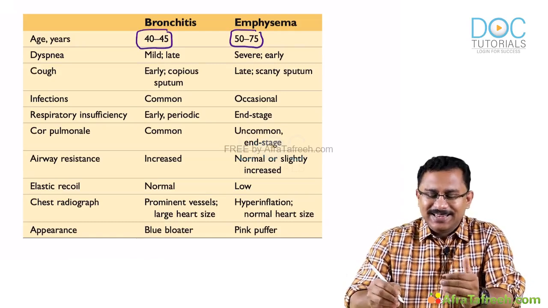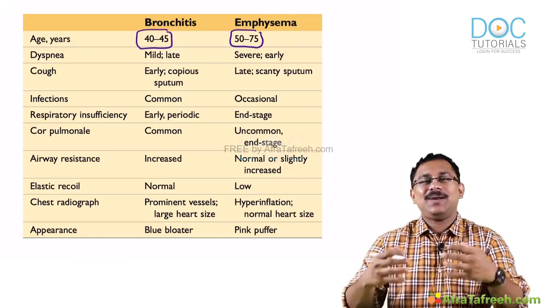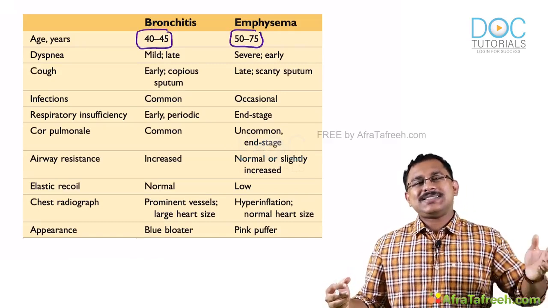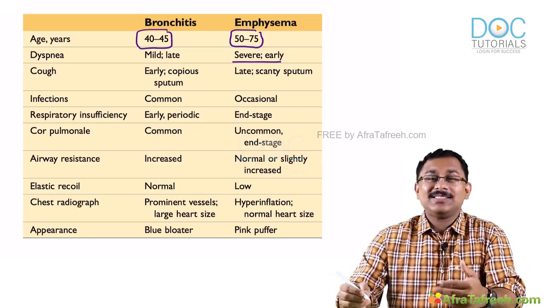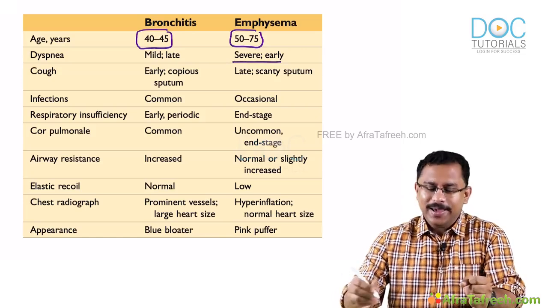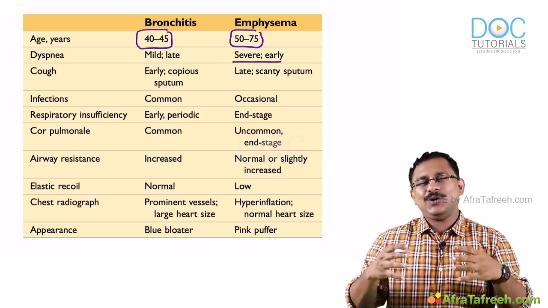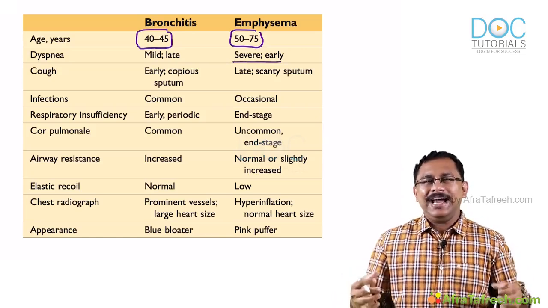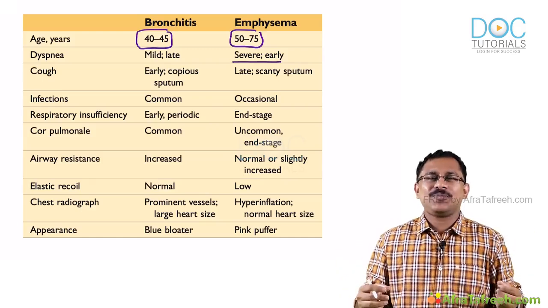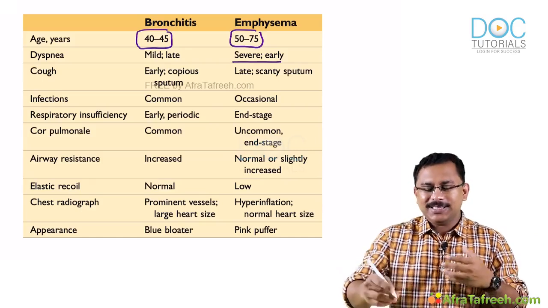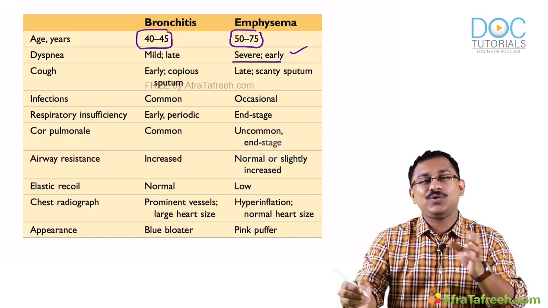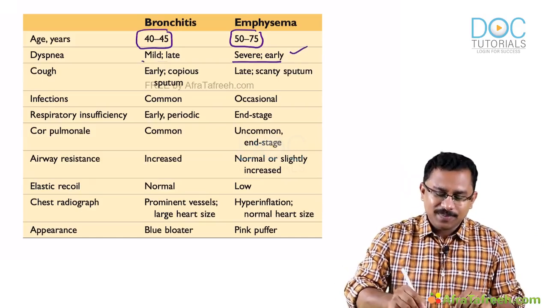And remember, dyspnea as a manifestation, okay, the breathlessness occurs slightly earlier. Okay, the dyspnea occurs earlier in case of emphysema. Okay, because that is where you have the air trapping and the work of breathing is more, because you have more hyperinflated lungs. So because of which early and severe dyspnea you usually get with emphysema.